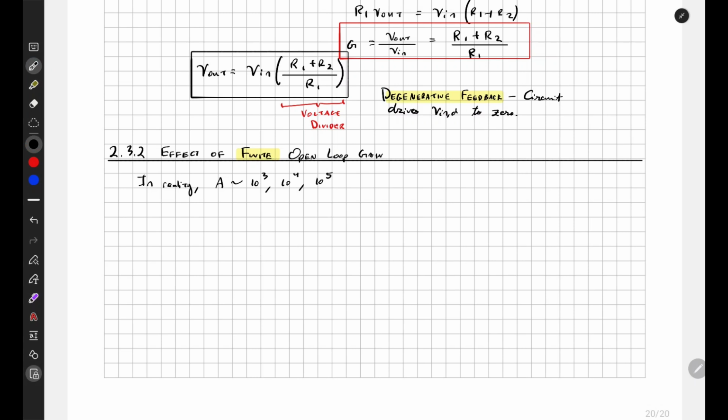So therefore there will be a limitation on the closed loop gain compared to the ideal.